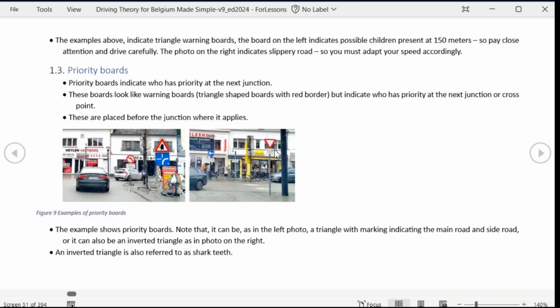You don't have any priority at this junction, but you must give priority to the other traffic. We will discuss a lot about priority in the priority chapter. So here it's just for you to show what a priority board looks like.